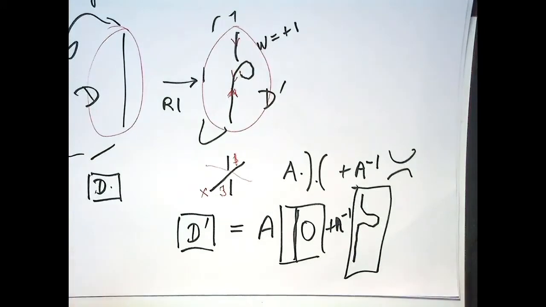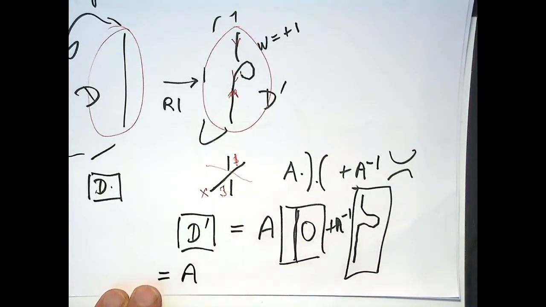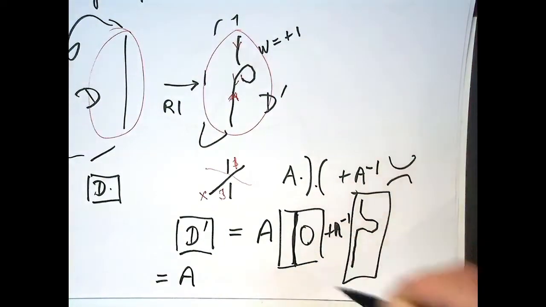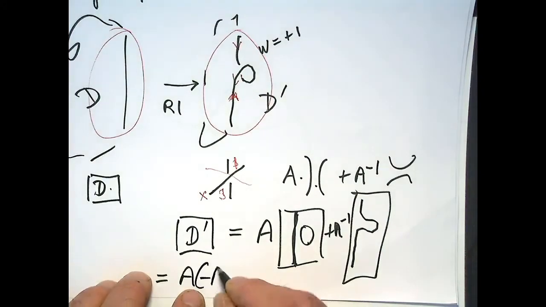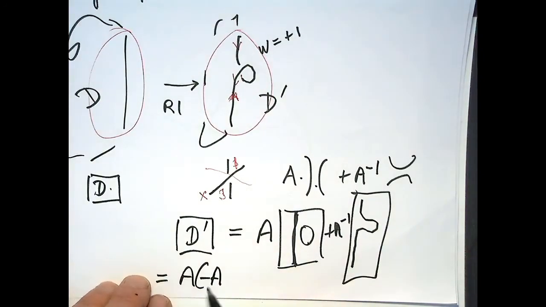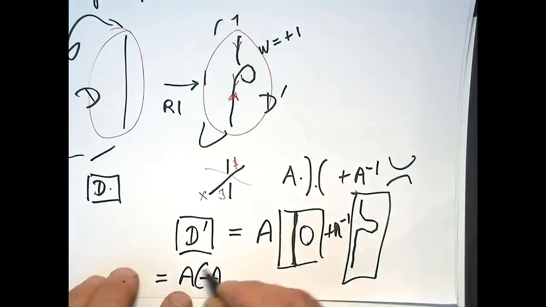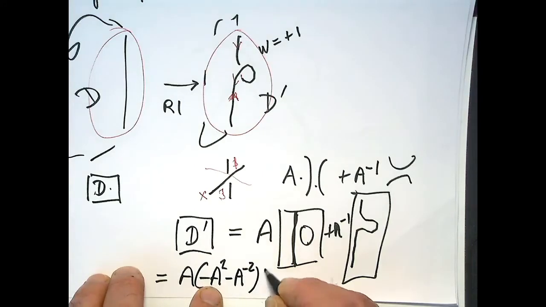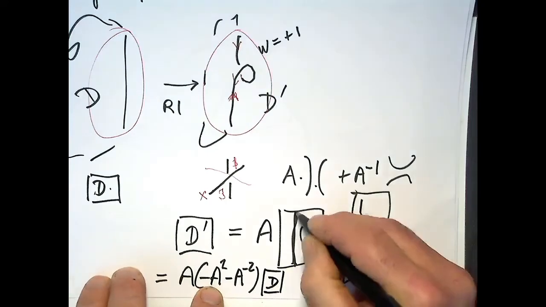Okay, so what are these Kauffman brackets? That's A times, here I've just added an unknot, so this is part of the original knot, all I've done is add an unknot. So I multiply the Kauffman bracket, what we had before, by minus A squared minus A to the minus 2, times the Kauffman bracket of D for this strand here.